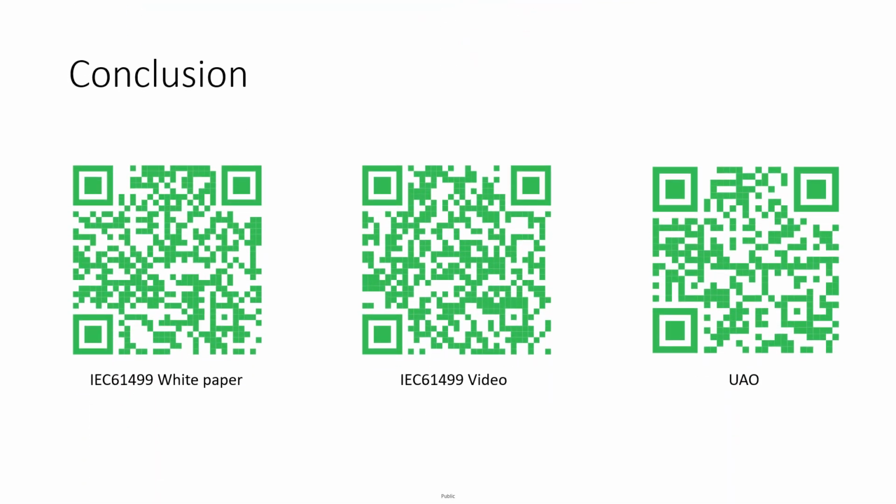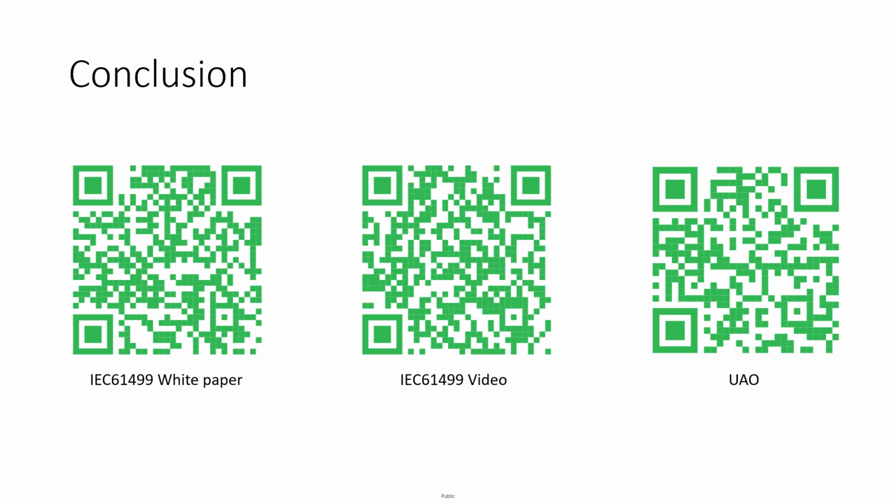In conclusion, the journey from IEC 61131 to IEC 61499 represents the evolution of automation from rigid hardware-bound solutions to flexible, open, and distributed architectures.